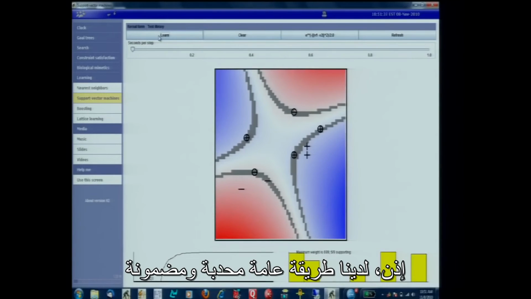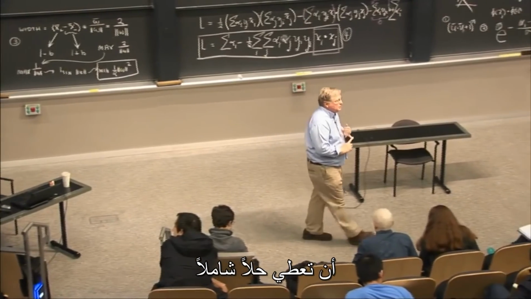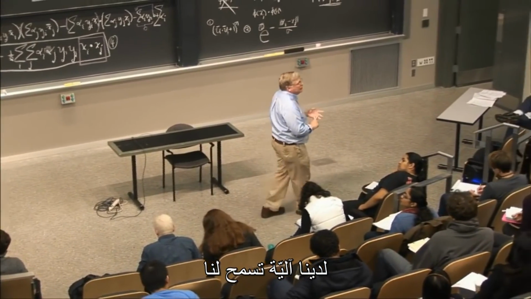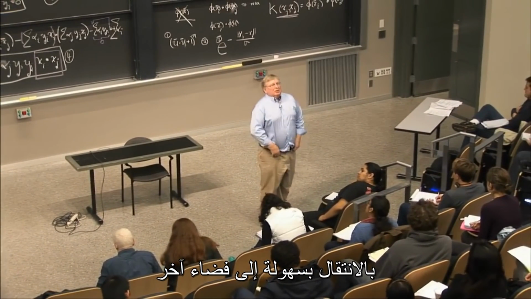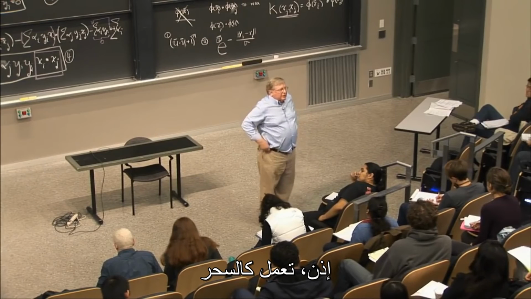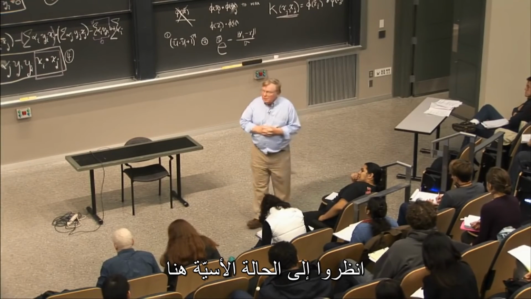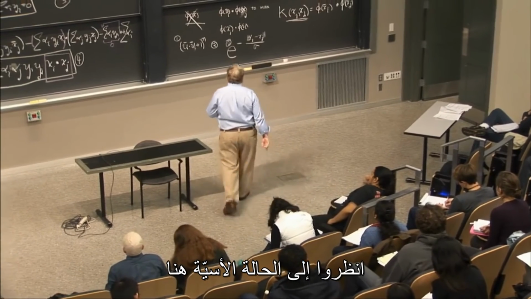So we've got a general method that's convex and guaranteed to produce a global solution. We've got a mechanism that easily allows us to transform this into another space. So it works like a charm. Of course, it doesn't remove all possible problems. Look at that exponential thing here.